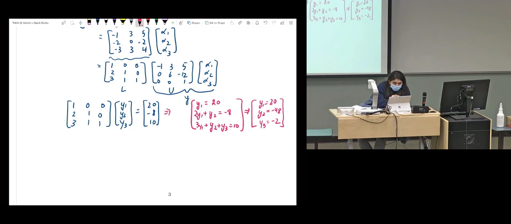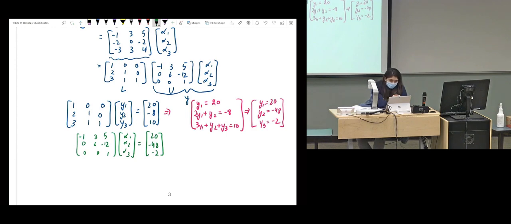And then from there, I get [-1, 3, 5; 0, 6, -12; 0, 0, 1] times alpha 1, alpha 2, alpha 3 equals 20, -48 and -2.